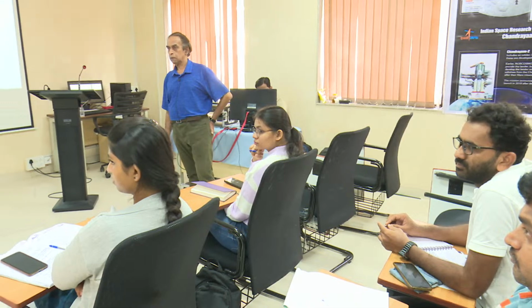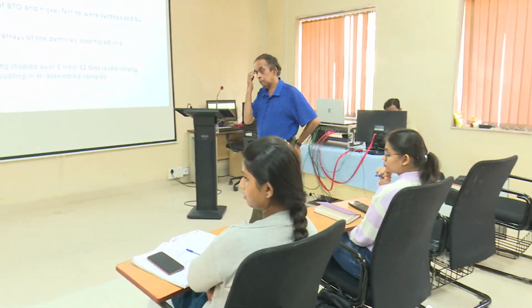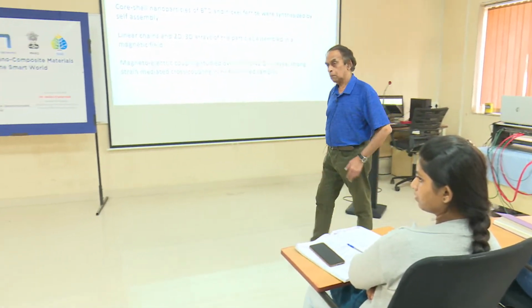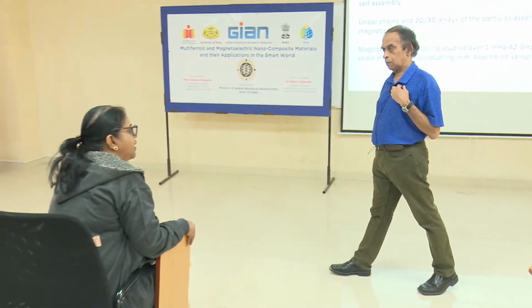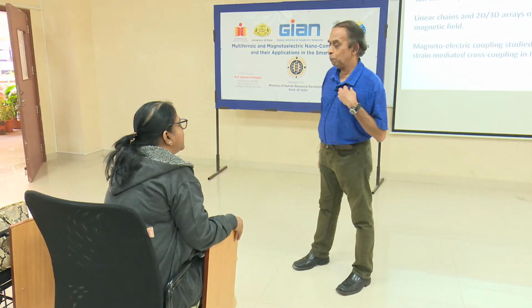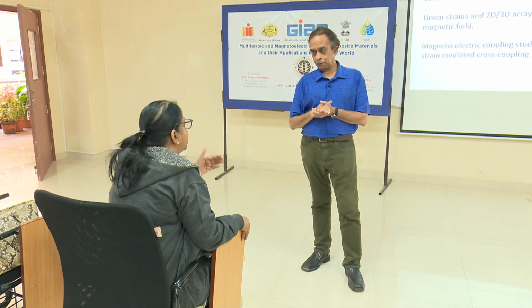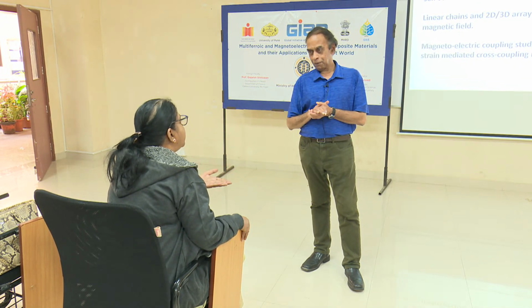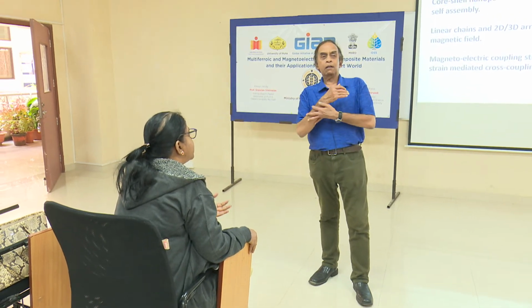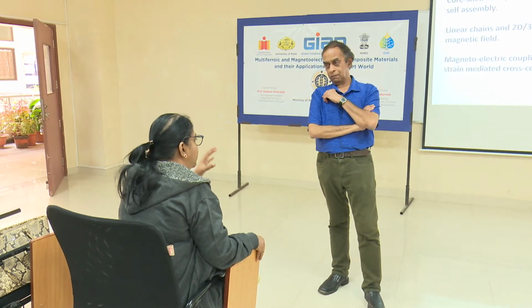You made some theoretical estimates before designing the structures. Yes, but the formulas can change at the nano level, because the D33 coefficients and all that, those formulas were formulated for bulk.